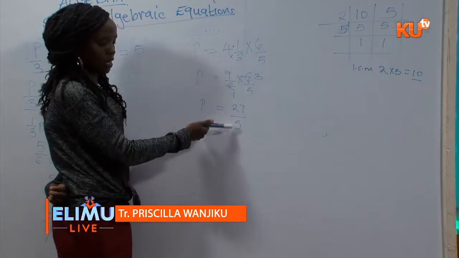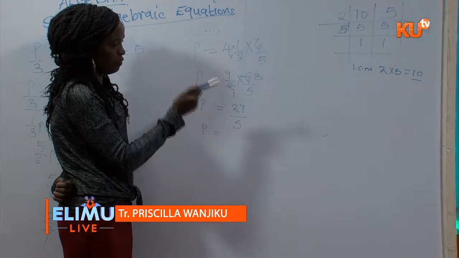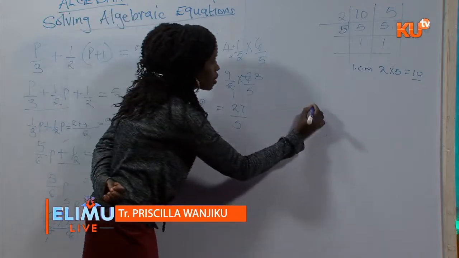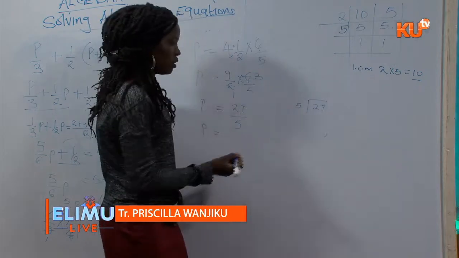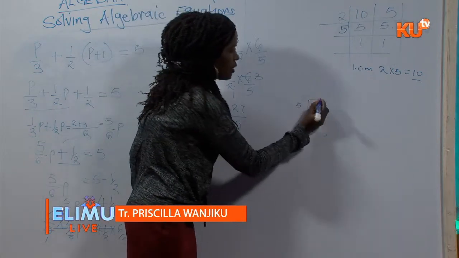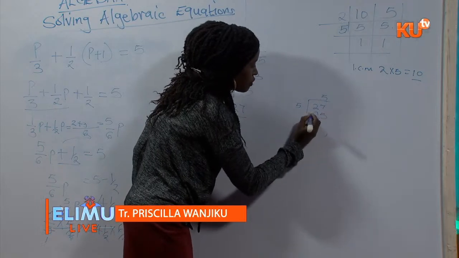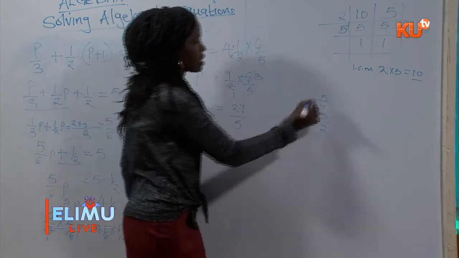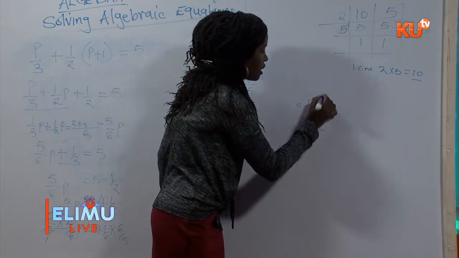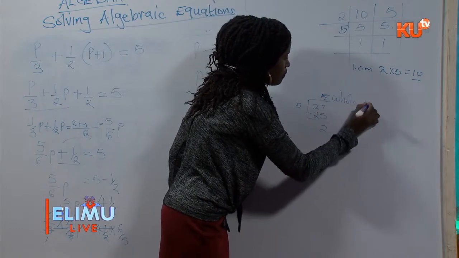So we can't leave our answer as an improper fraction. We have to change it into a mixed fraction. So we take 27, we divide by 5. 5 will go to 27 5 times because of 25. I subtract, I get 2. So this number here becomes our whole number.